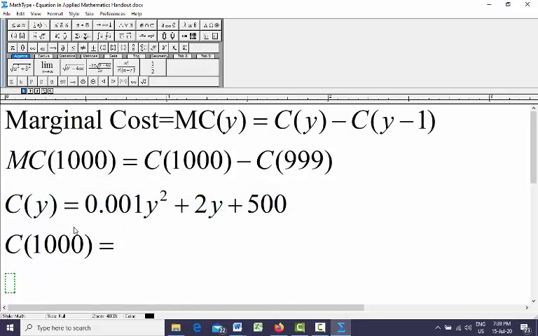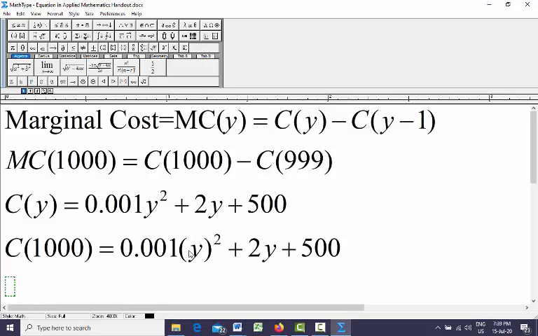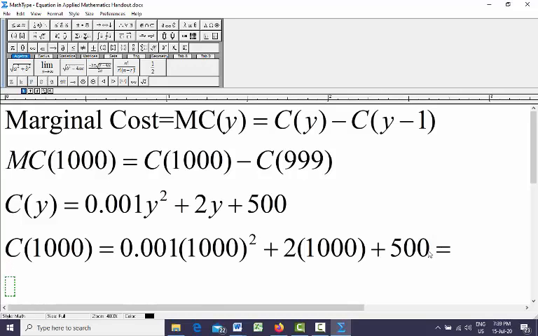Instead of y we have 1000, so we need to replace the value of y by 1000. Let us calculate it.